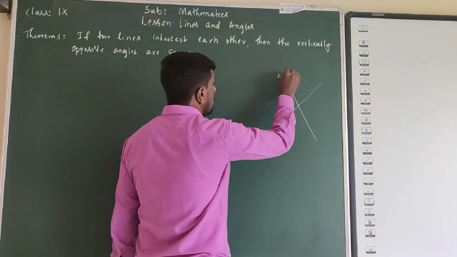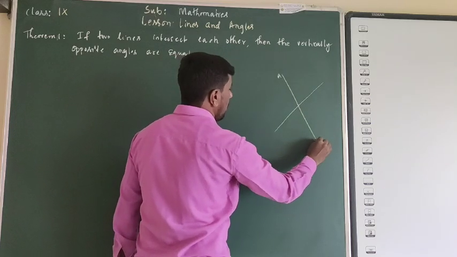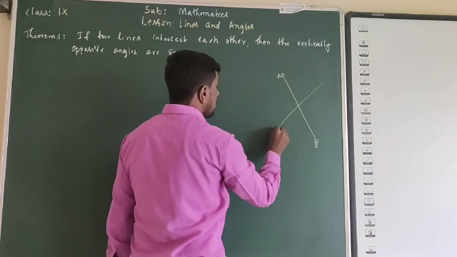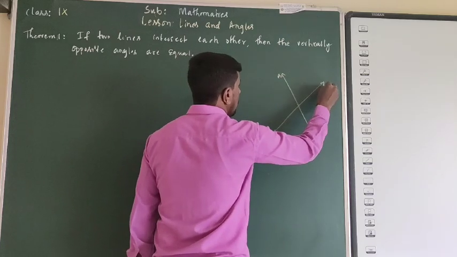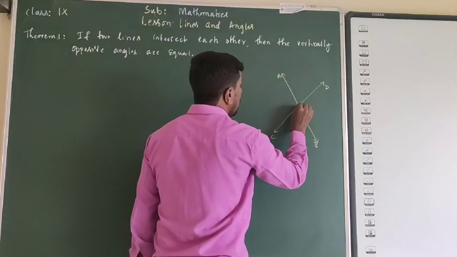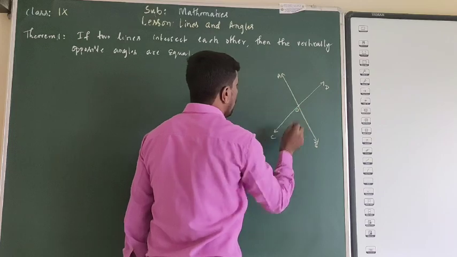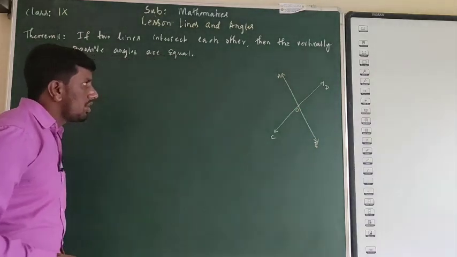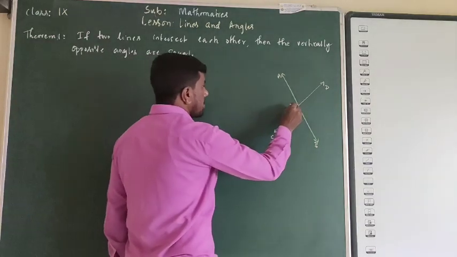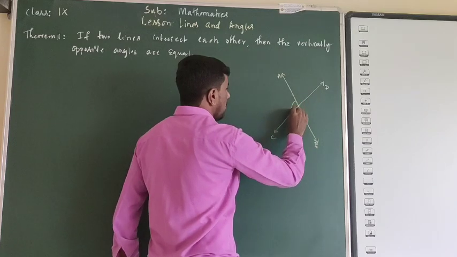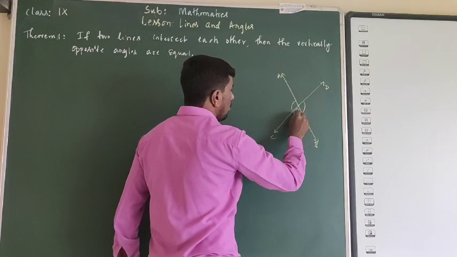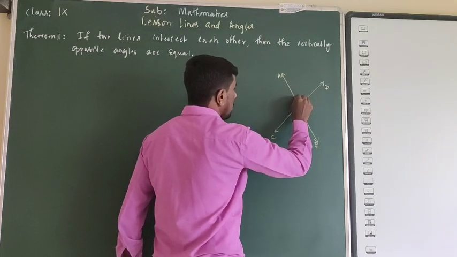Let me call this line AB, and this CD, and we will call the intersecting point O. If these two lines intersect each other, how many angles are formed? There will be 4 angles formed: 1, 2, 3, then 4.